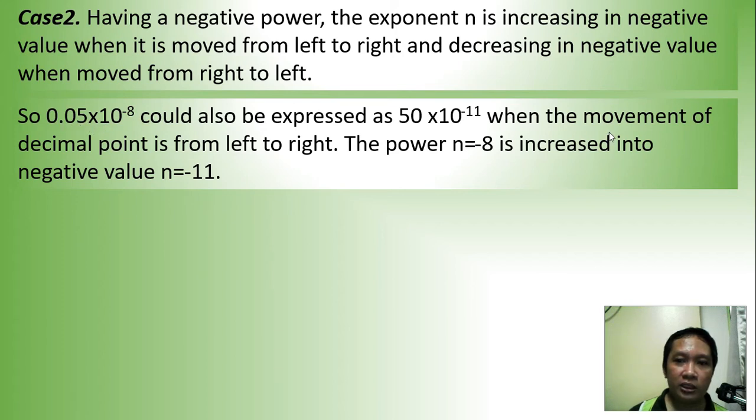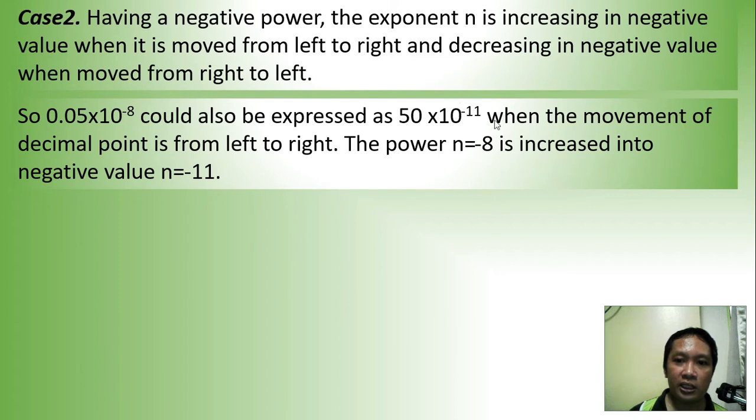So it increases in its negative value because it's moving from left to right. From negative 8, it becomes negative 11, because it moved from left to right. It moved 9, 10, 11, so the decimal point is here already.